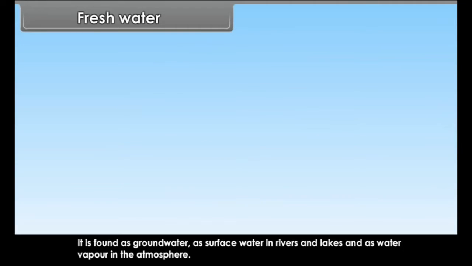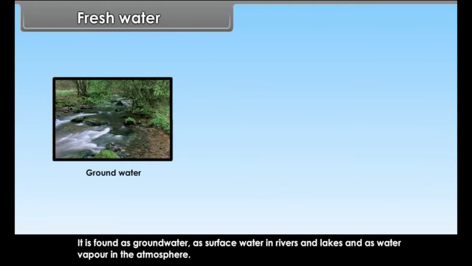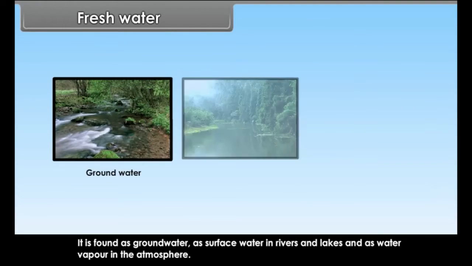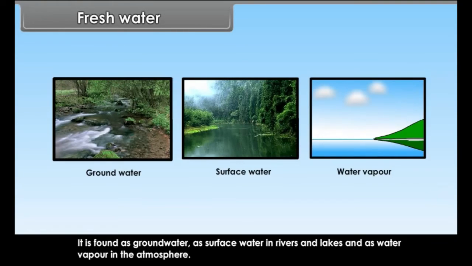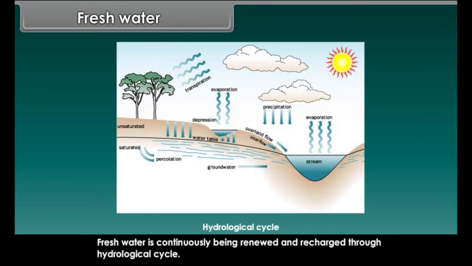It is found as groundwater, as surface water in rivers and lakes, and as water vapor in the atmosphere. Fresh water is continuously being renewed and recharged through the hydrological cycle.